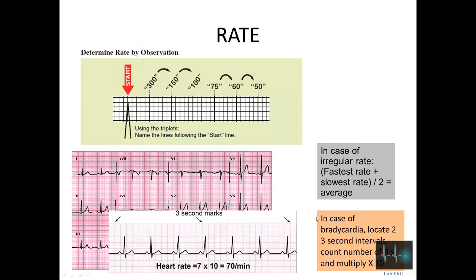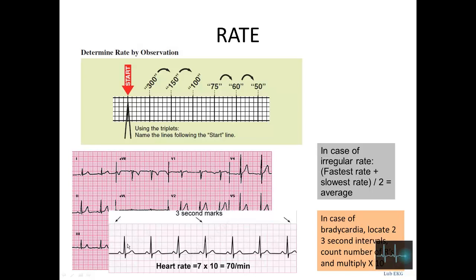Now in case of bradycardia, you see this visual method of determining heart rate only goes down to 50. So if we want to go below this, we locate these 3-second intervals, which are usually found on the upper rim of an EKG strip, and then we count them between 2 3-second marks, which gives us 6 seconds, and then we times it by 10.